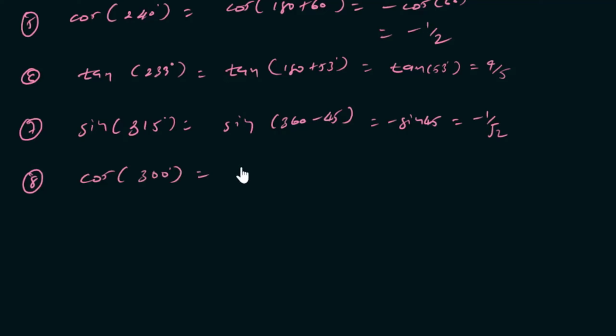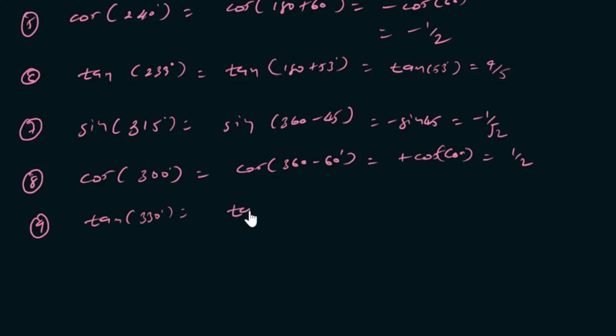Eighth is cos 300. So this will be cos(360 - 60), which is +cos 60, because cos in the fourth quadrant is positive. So this is 1/2. Ninth is tan 330 degrees.